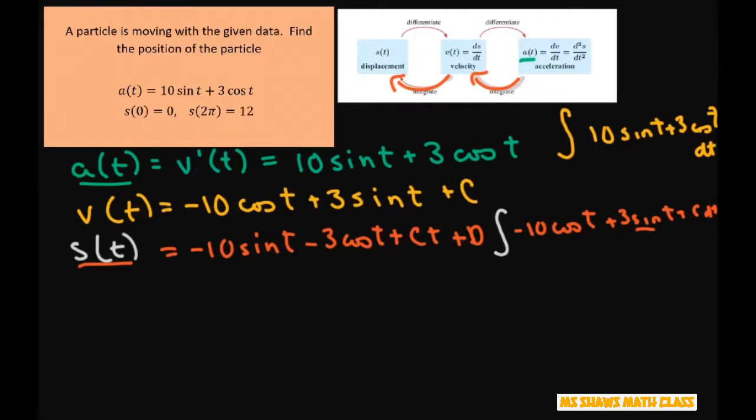I'm going to go ahead and write it on the next slide. We know that s of t equals negative 10 sine of t minus 3 cosine of t plus ct plus d.